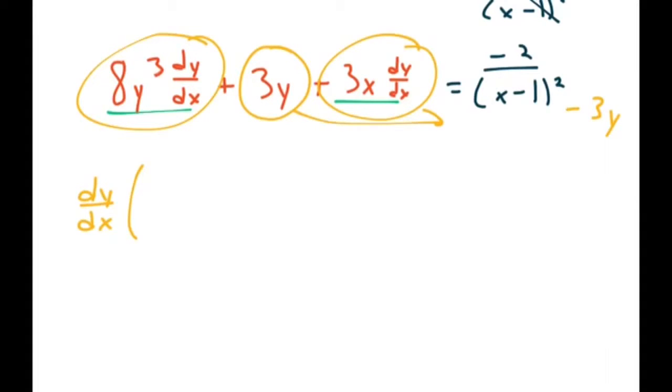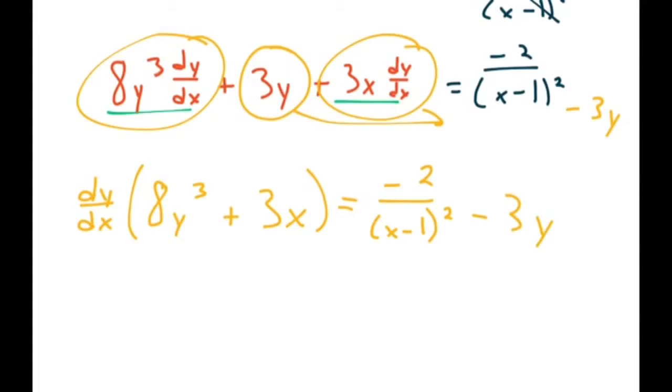So you would just factor out the dy over dx and get 8y to the third plus 3x equals negative 2 over x minus 1 squared minus 3y.